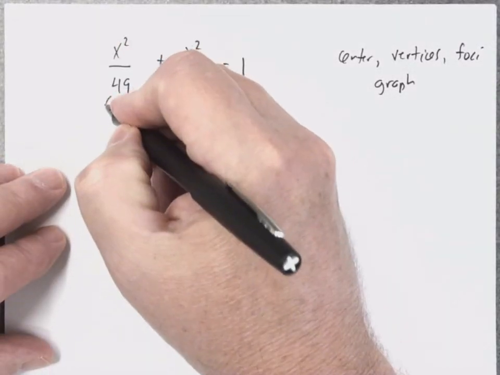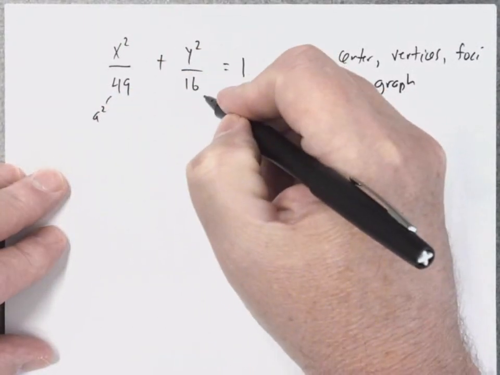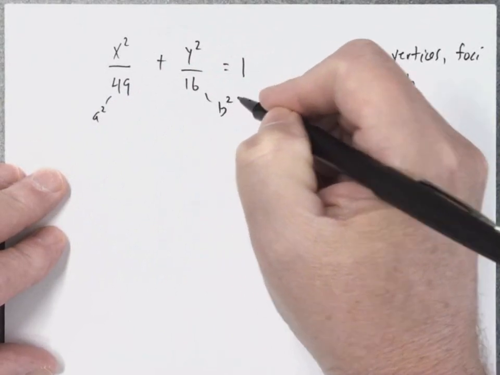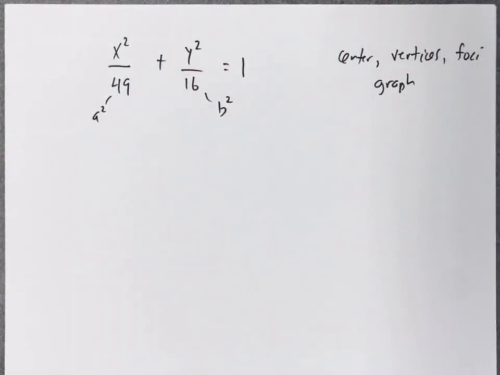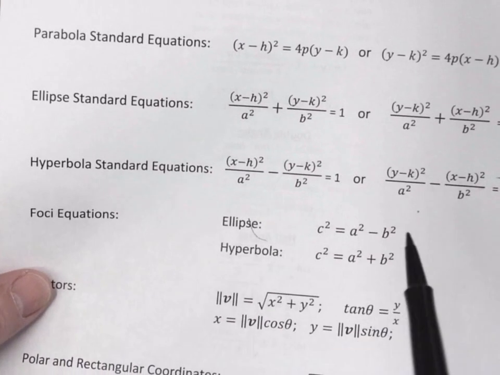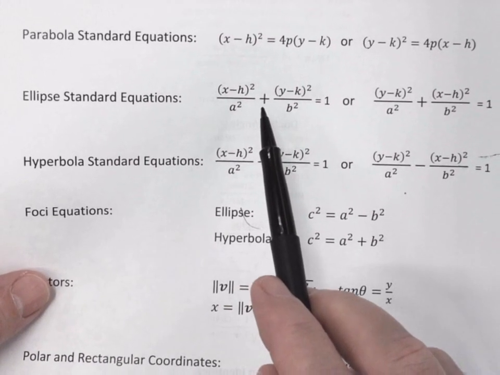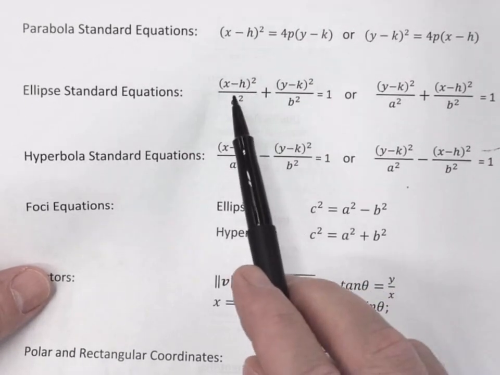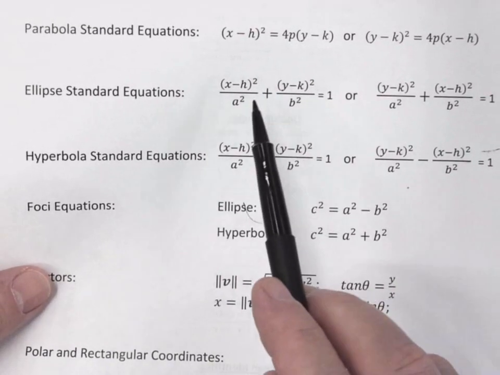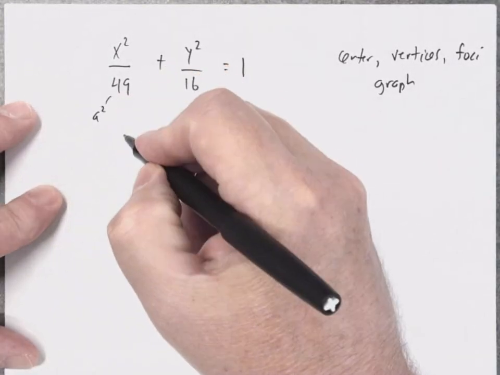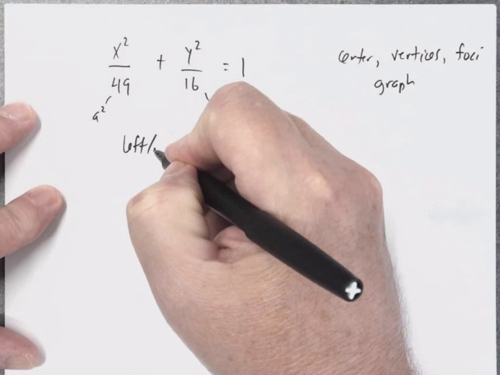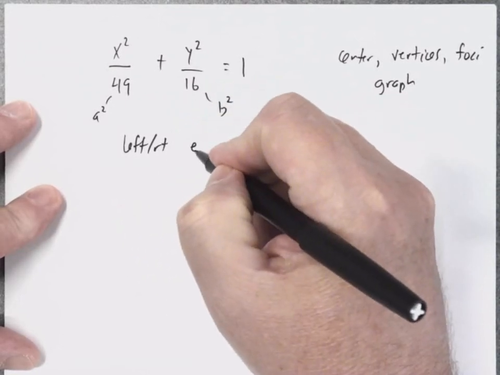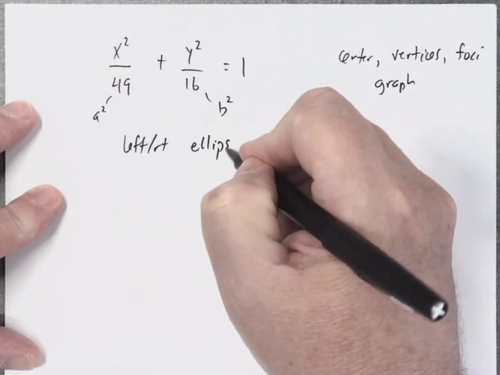Obviously that's a squared and that's going to be b squared, and in that case this kind of ellipse is a left or right ellipse. This is the equation for a left or right ellipse. This one is for up or down. So I know we have a left or right ellipse.